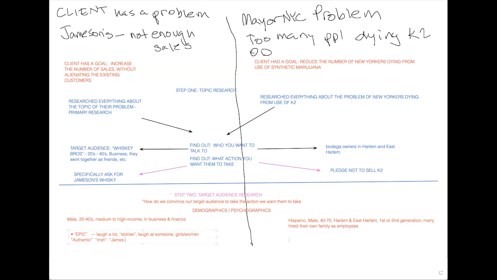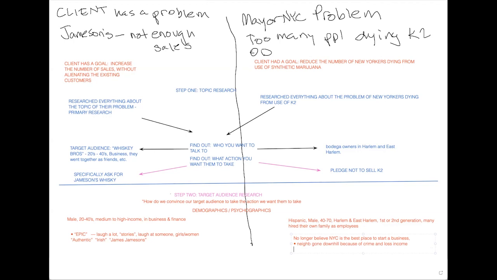So for us, we found our bodega owner psychographics, and what we noticed out of those psychographics were that they no longer believe NYC is the best place to start a business. They believe that their neighborhood has gone downhill because of crime and loss of income.